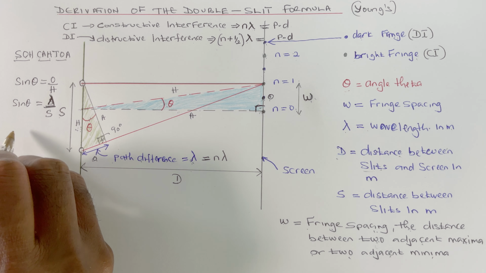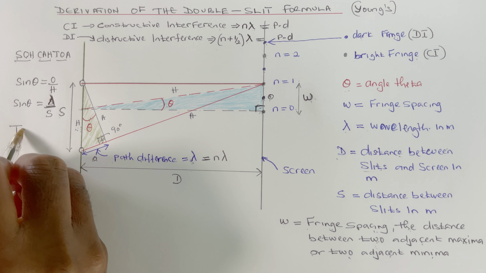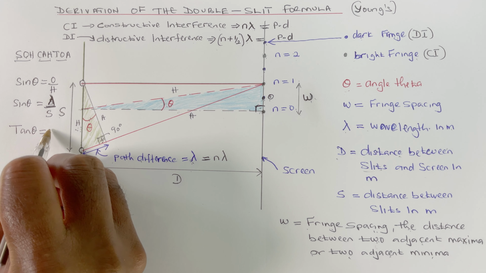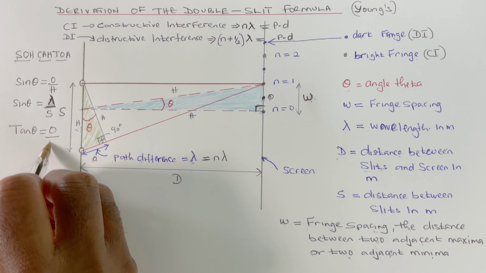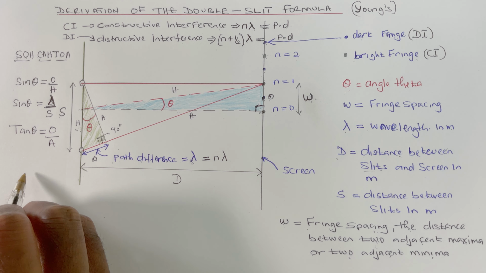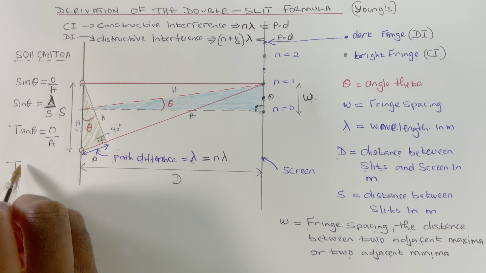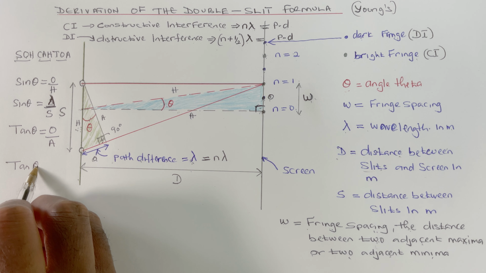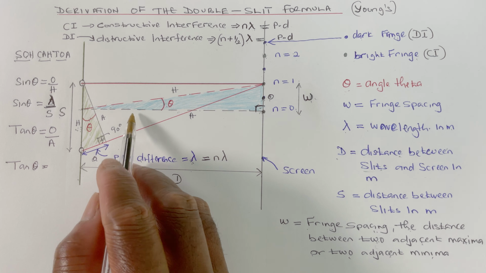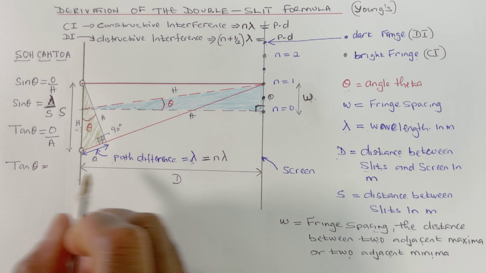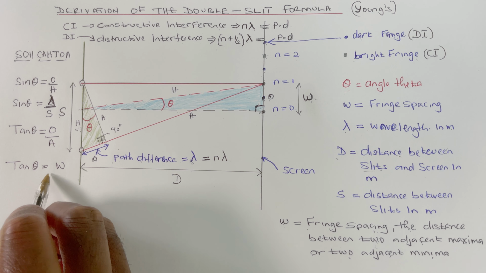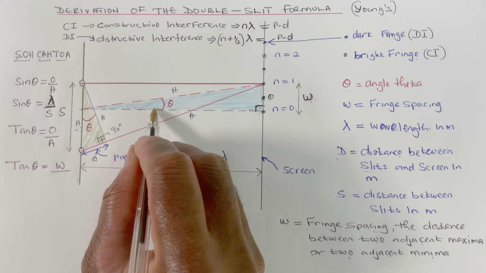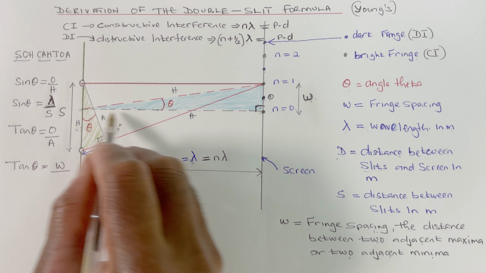T stands for tangent, so tan of an angle theta is opposite over adjacent. The opposite is W, and the adjacent is D, that length from there to there.